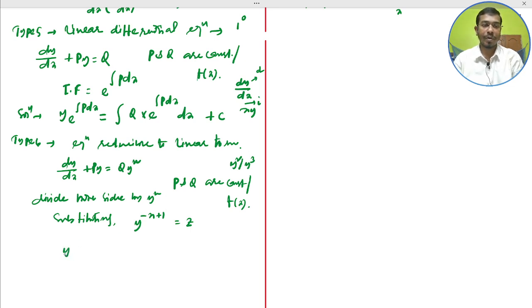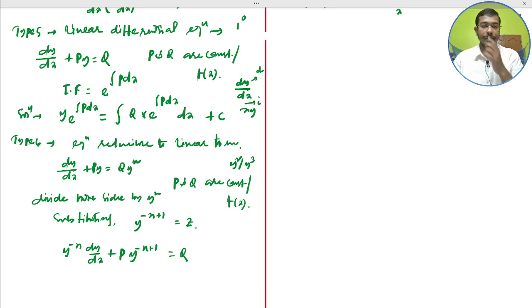So we get y to the power minus n dy/dx plus P y to the power minus n plus 1 equal to Q. Next put y to the power minus n plus 1 equal to z.